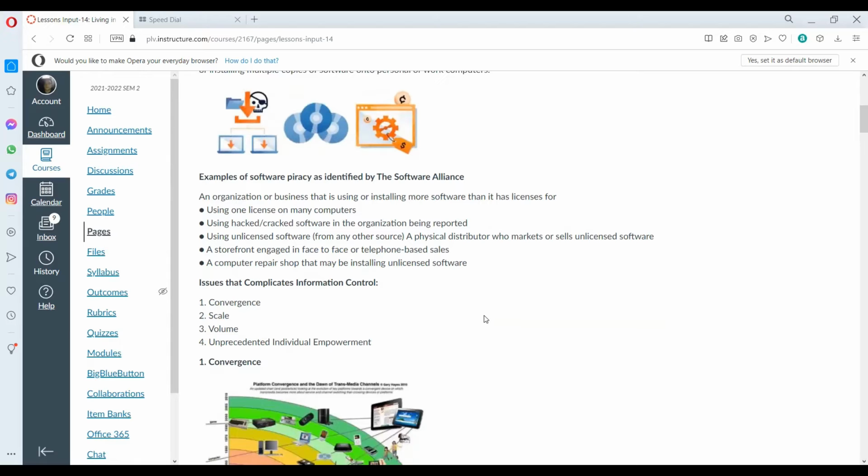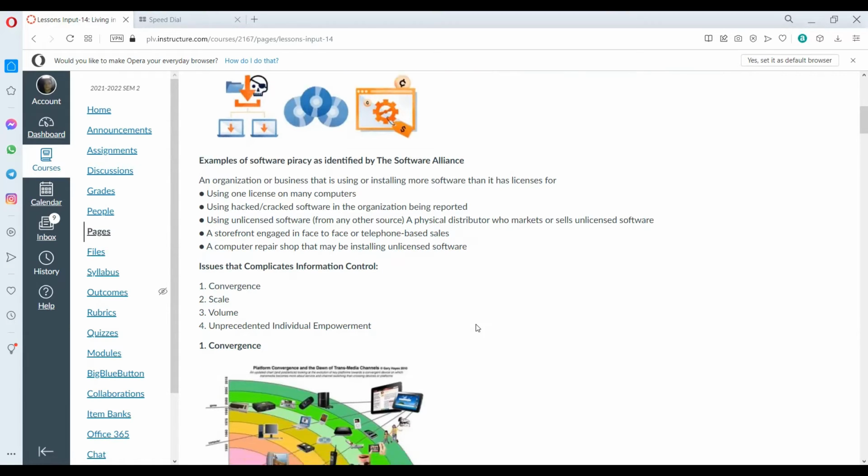Examples of software piracy are an organization or business that is using or installing more software than it has licenses for, using one license on many computers, using hack or crack software in the organization, using unlicensed software from any other source, a physical distributor who markets or sells unlicensed software, a storefront engaged in face-to-face or telephone-based sales, or a computer repair shop that may be installing unlicensed software.